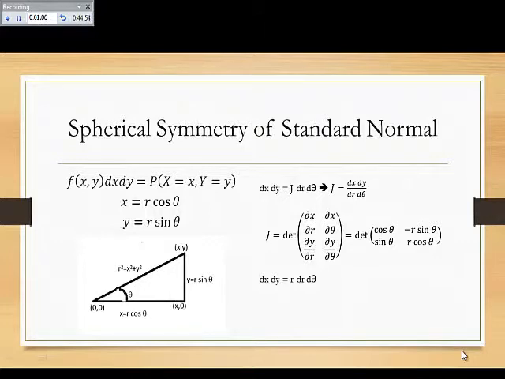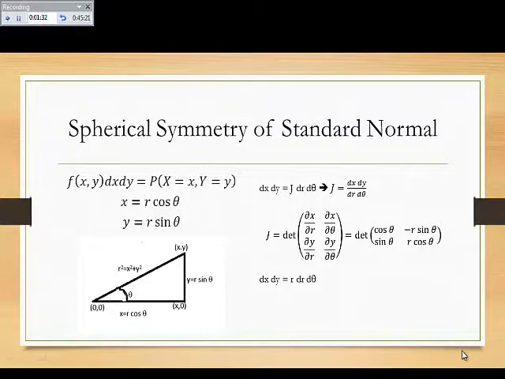And if you look at the angle theta, which is made between the line to x y and the x-axis, then you see that the vertical part, which is y, is equal to r sine theta, and the horizontal part is x, which is r cosine theta.